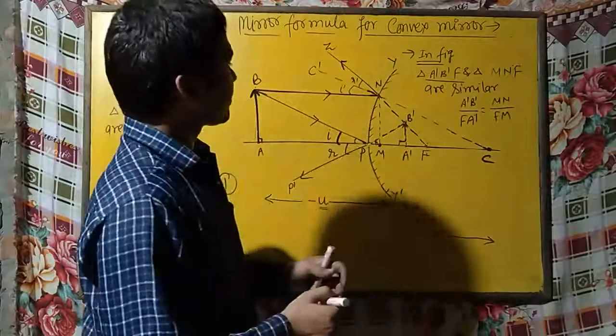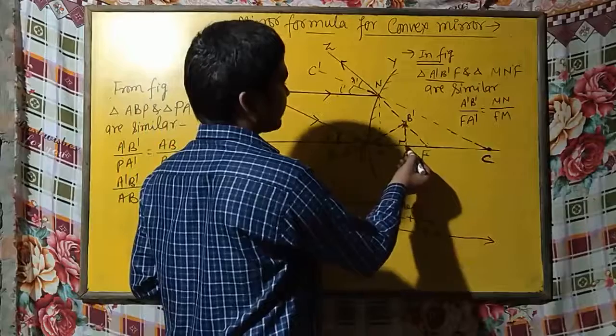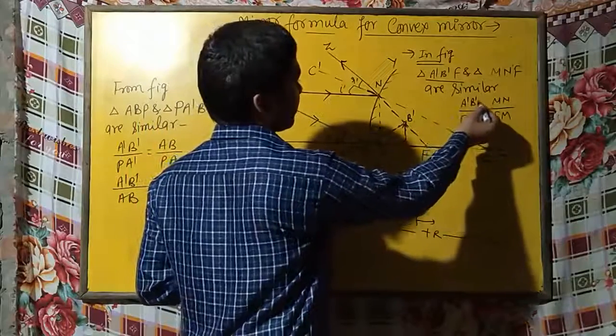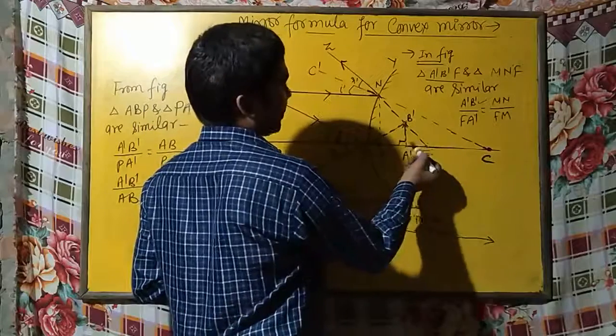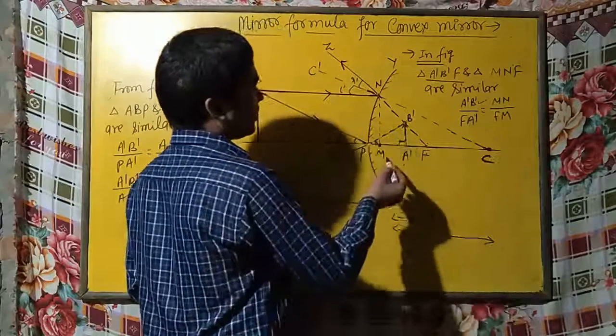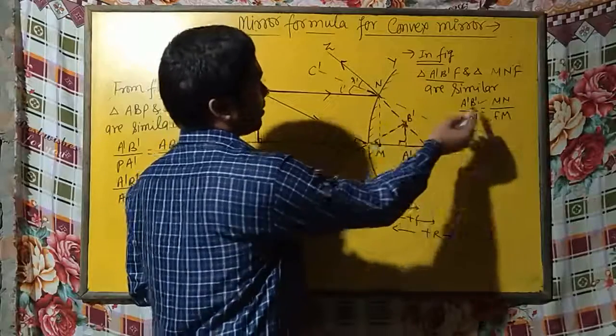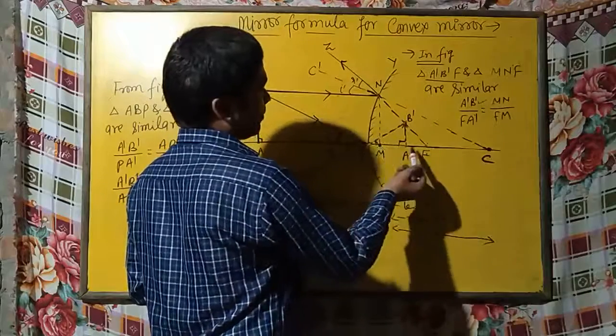Let me repeat, in the triangle A'B'F, you can write A'B' upon FA'. Similarly in triangle FNM, you can write MN upon FM.